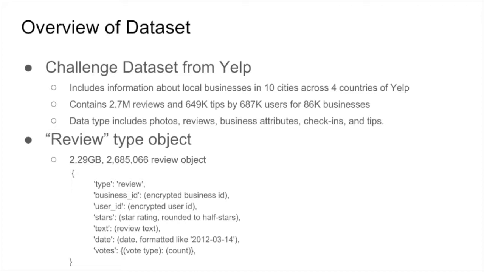Data types include photos, reviews, business attributes, check-ins, and tips. To be more specific, we focus on the review type object. The JSON file has a size of 2.29 GB in total. The structure of the review type object is as shown.